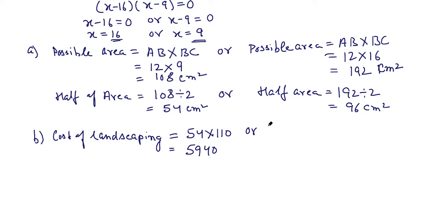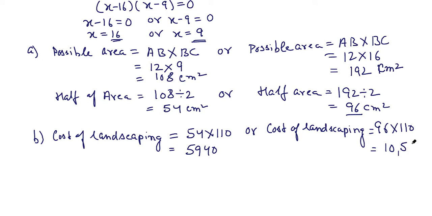Or, if you take the area 96, it will be 96 times 110, and that will give you $10,560. So this is in dollars.